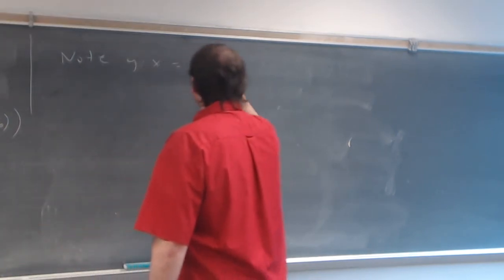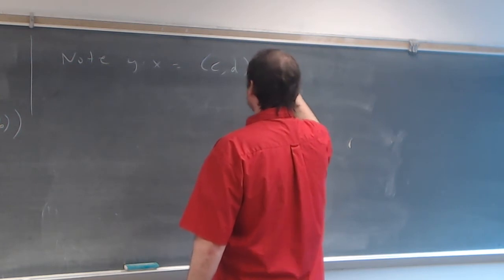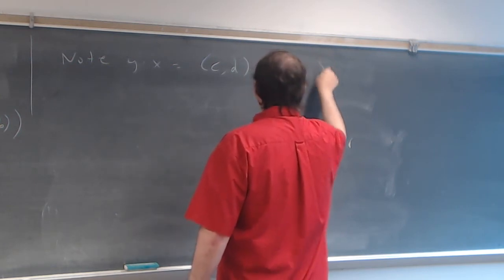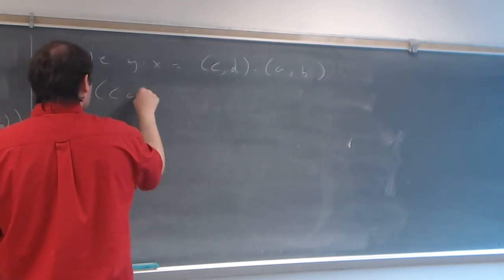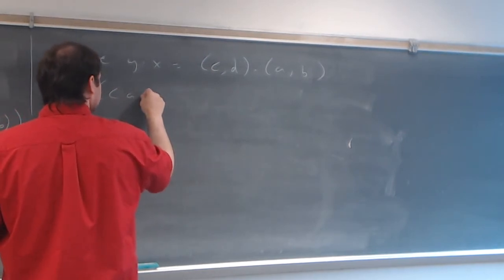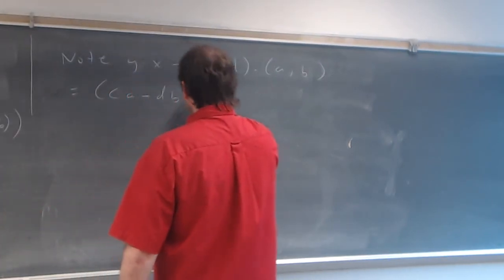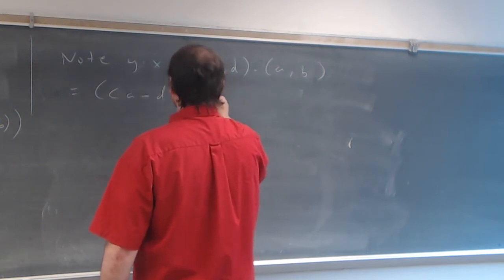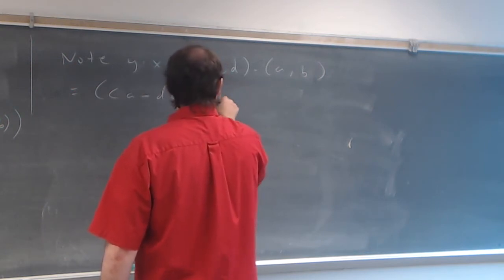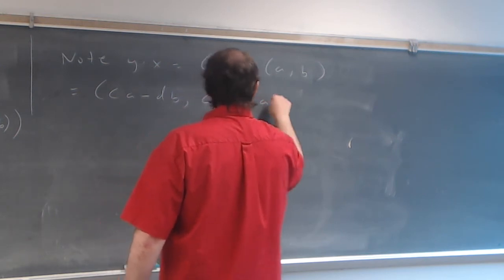Okay, this would be equal to (c, d) times (a, b), and so that's going to be equal to (ca minus db, comma, and then cb plus da).